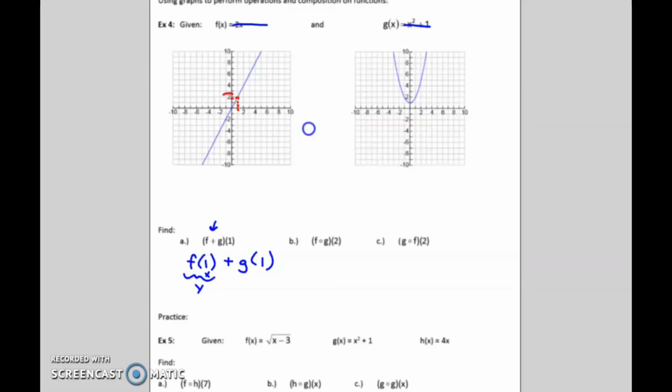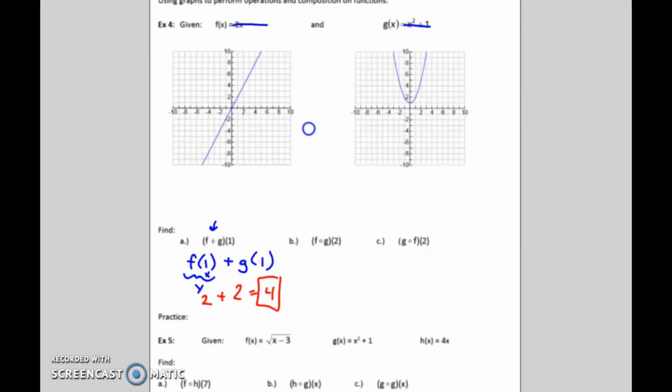So f of 1 is 2. So I do the same thing over at g. So you go over to the g graph, and x is 1, and you go up or down till you hit the graph, and then you see what that y value is. That's also 2. So that's going to give me 4. So operations, addition, subtraction, multiplication, division, you do separately at the same number, and then combine them with the operation.